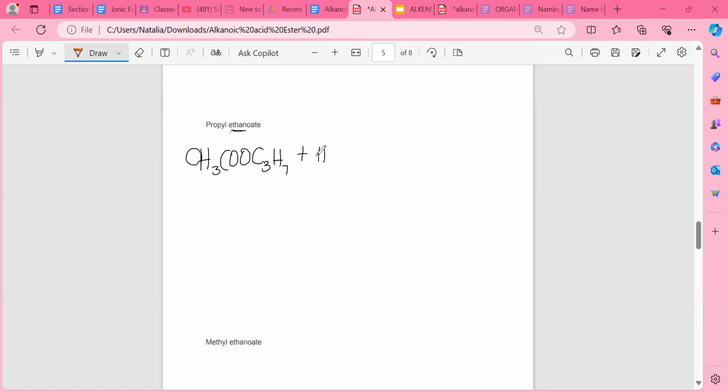So when we add water to it, notice the arrow is different. In the acid hydrolysis, we use a solid arrow. We're going to split the molecule between here. To the acid part, which is the first part, we're going to add OH. And to the second part, we write back the C3H7 and we add the H right there.